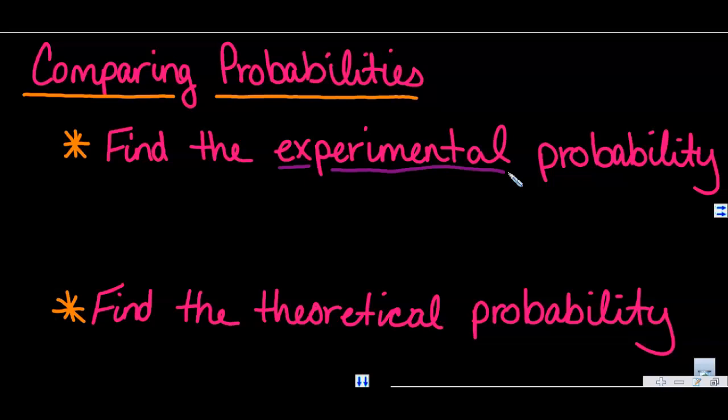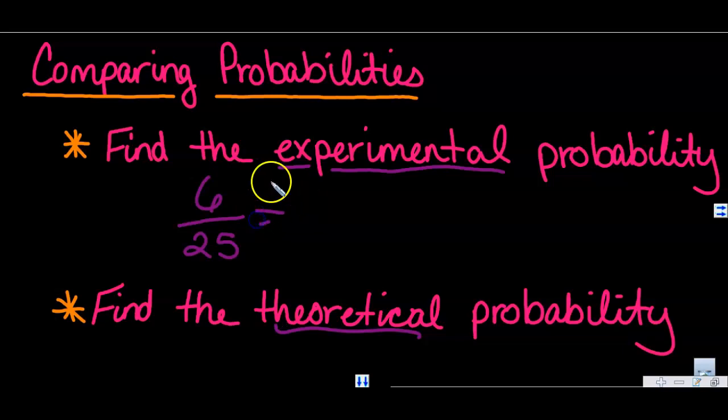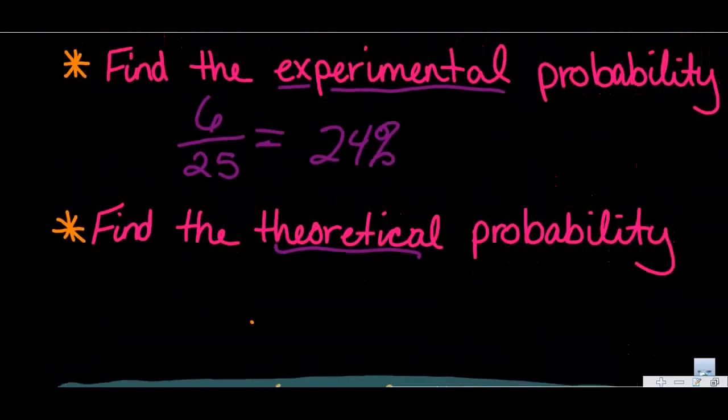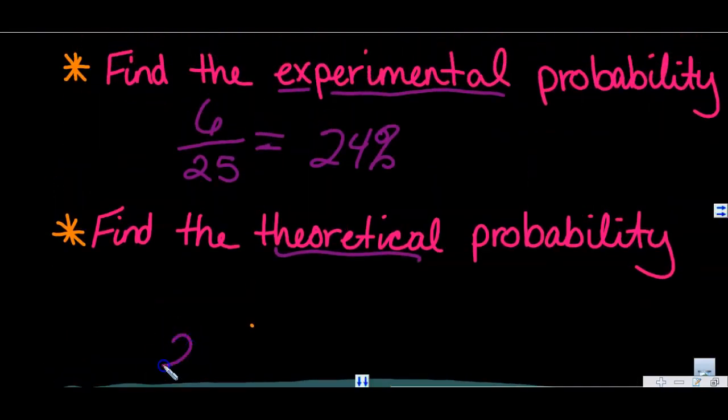And we found that 6 out of 25 times, heads was flipped. Theoretically, what was supposed to happen though? This gave us a 24% chance of flipping heads. But theoretically, we only have 2 sides, and we only wanted heads.